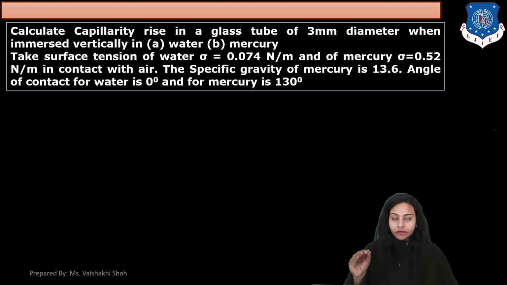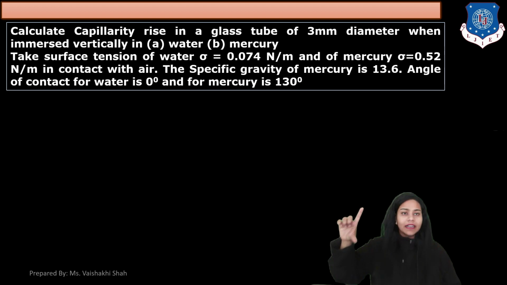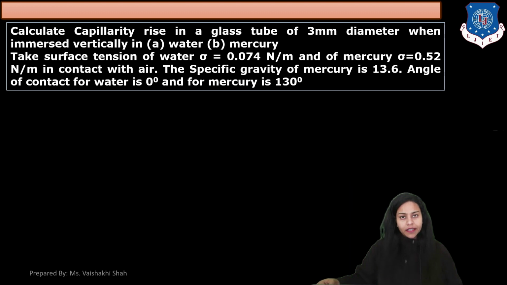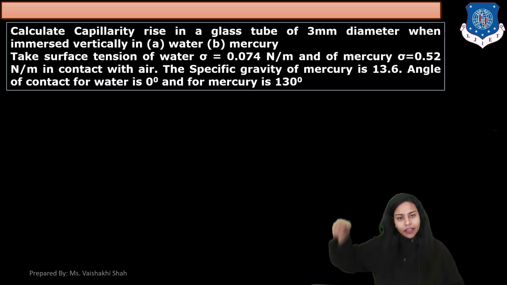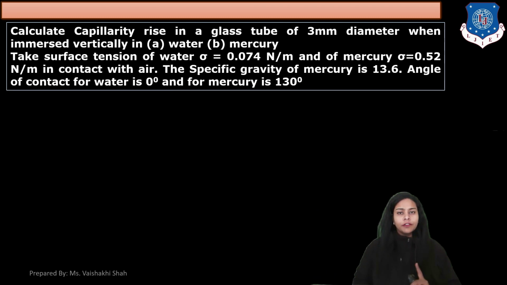Here a glass tube of diameter 3 mm is immersed vertically, first case in water and second case in mercury. The tube is immersed in two liquids, first in water and second in mercury.